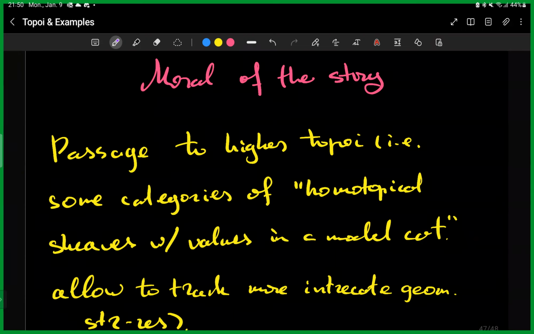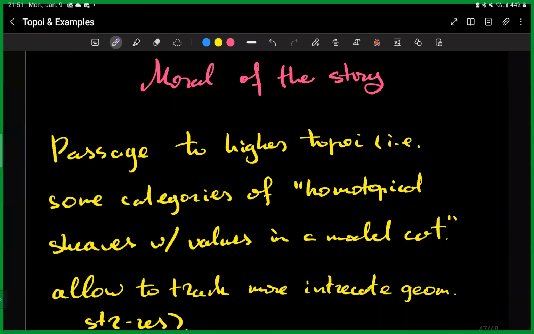So I hope that this talk will motivate the somewhat technical details that will come next, because I promised in today's talk to explain something about Jardine's model structure and Dugger's paper, but unfortunately, the story about this particular application took so long that I don't have the time to recall all these facts about Jardine's model structure.